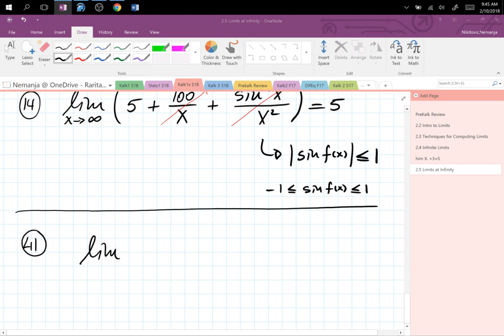What's happening with the limit as x goes to infinity of 4x cubed plus 1, divided by 2x cubed plus the square root of 16x to the 6 plus 1?